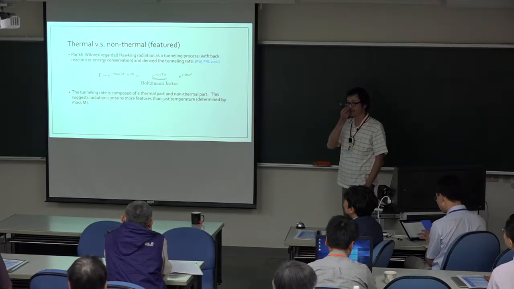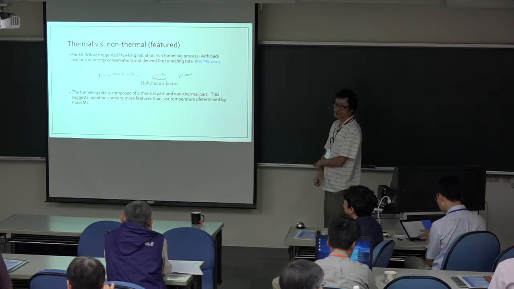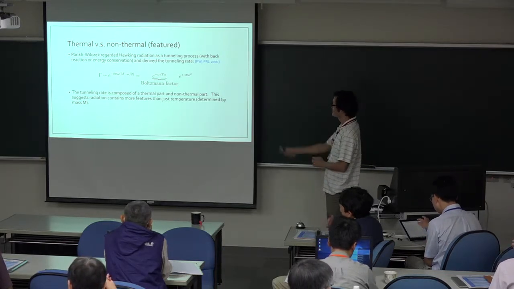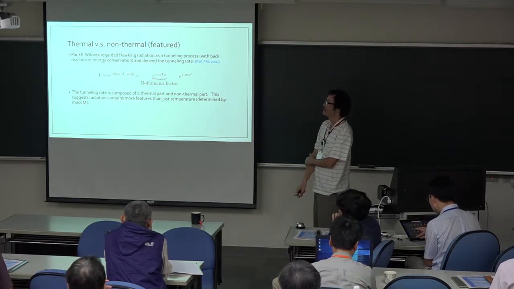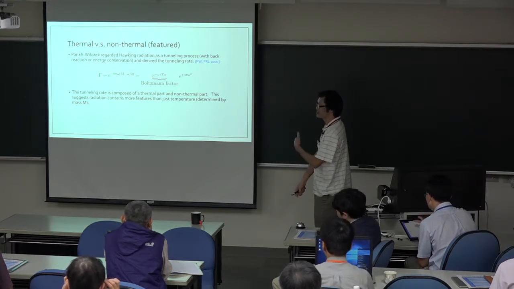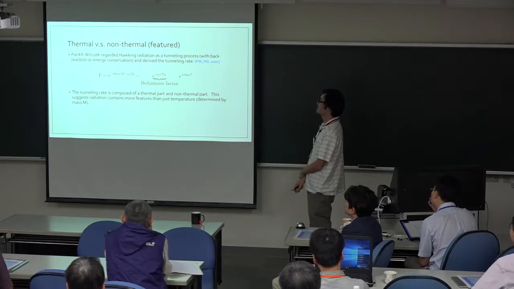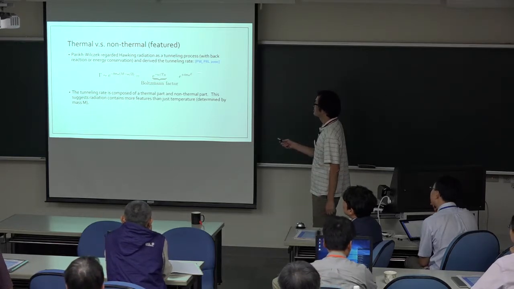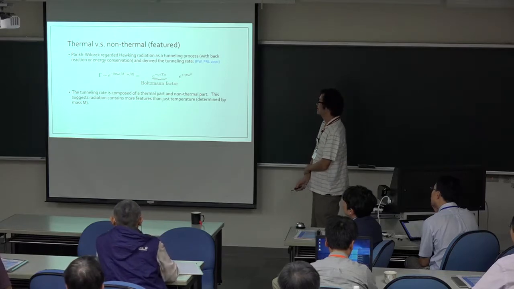Let me mention my motivation a little bit. The motivation comes from a couple of years ago, 2000, when Parikh and Wilczek had this beautiful paper about the derivation of the non-thermal Hawking radiation formula, which is based on the tunneling process.